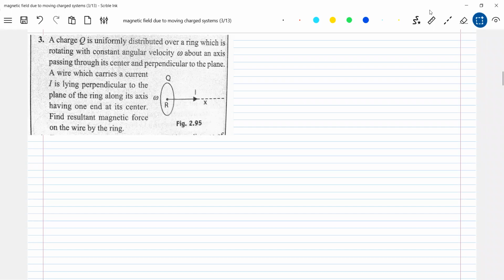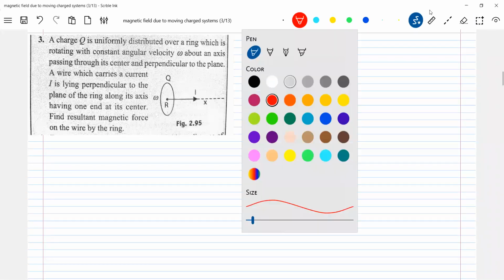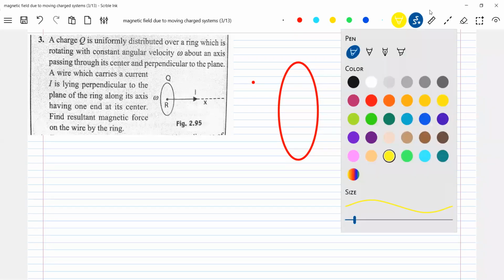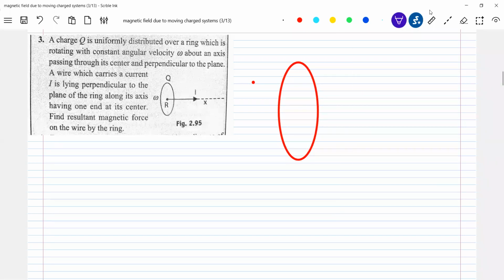There are two things here: the semi-infinite long wire and the rotating charged ring.